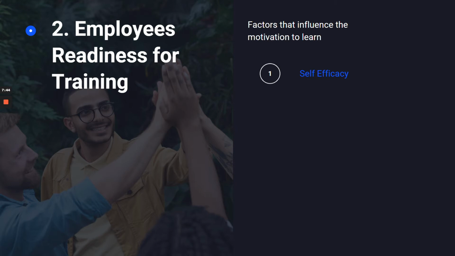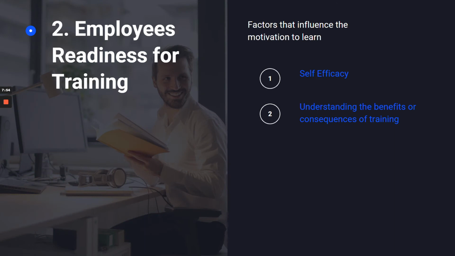So you have to make sure that your employees will have that motivation, that this training will help me in the future. Next is understanding the benefits or consequences of training.